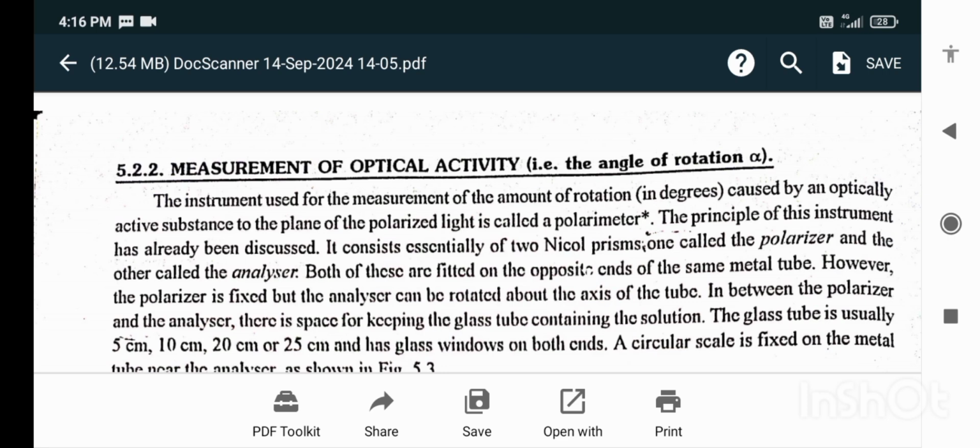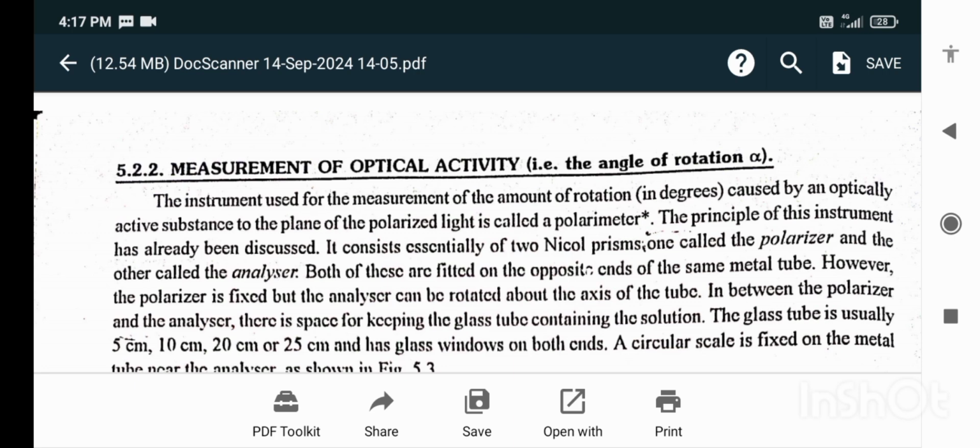The instrument used for the measurement of the amount of rotation in degrees caused by an optically active substance to the plane of the polarized light is called a polarimeter. The principle of this instrument has already been discussed. It consists essentially of two nicol prisms, one called the polarizer and the other called the analyzer. Both of these are fitted on the opposite ends of the same metal tube.